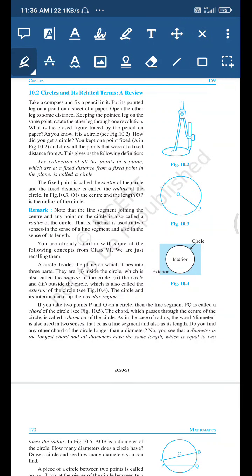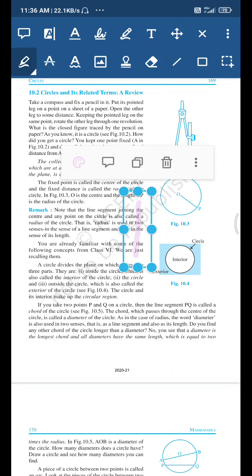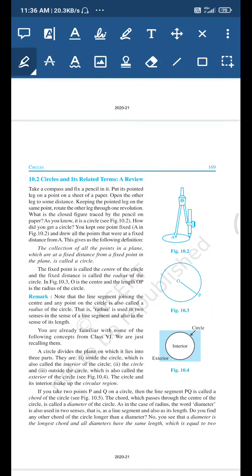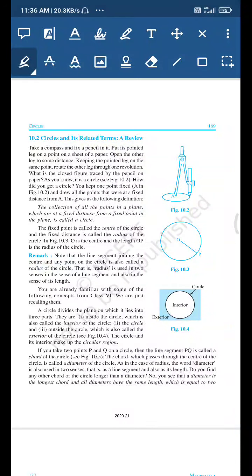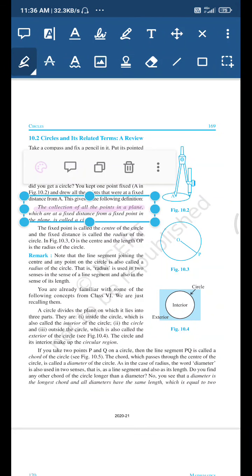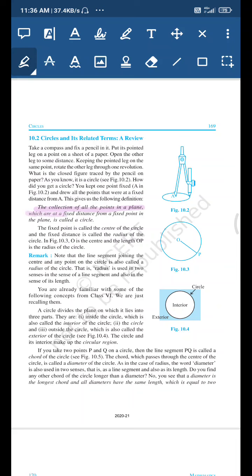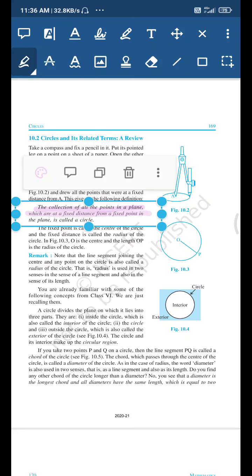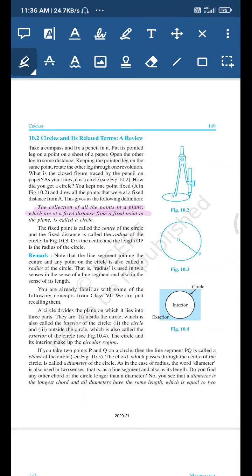So we'll learn a few definitions of circles from the textbook. In your textbook, you can see page number 169. There you will find the definition of a circle. So what is a circle? A circle is the collection of all the points in a plane which are at a fixed distance from a fixed point in the plane, and that is called a circle.